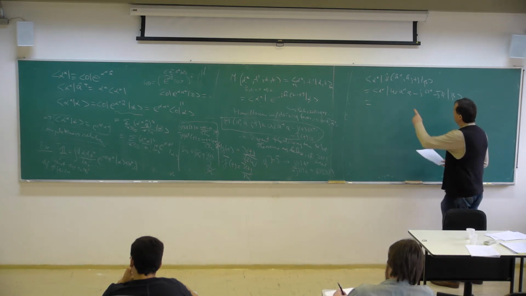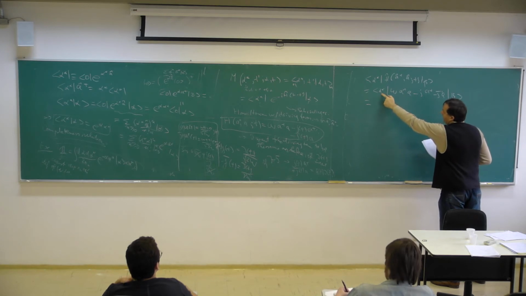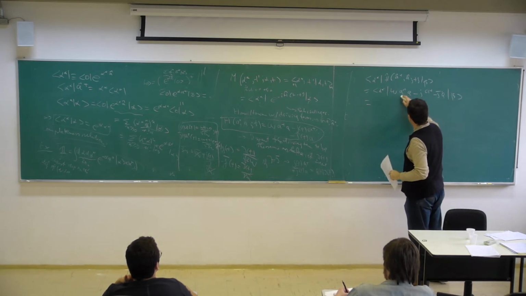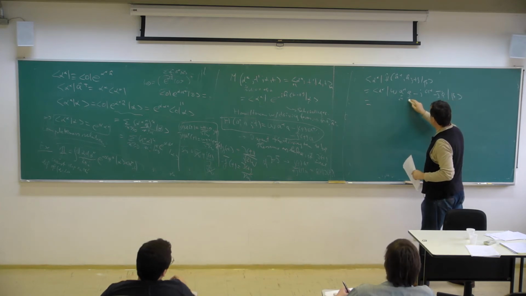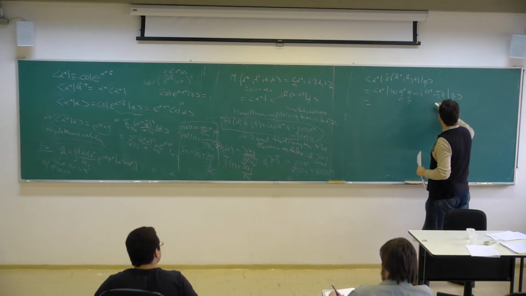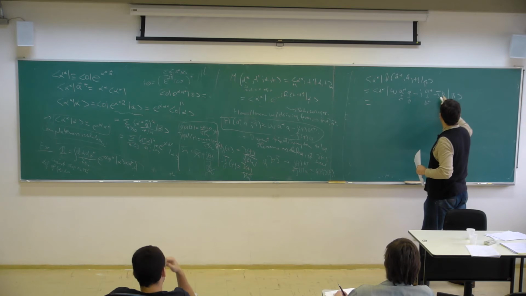And in the first term, a dagger acts on alpha star and is replaced by alpha star, and a acts on beta and is replaced by beta. And here, a dagger acts on the left and is replaced by alpha star, and here a acts on the right and is replaced by beta, right?